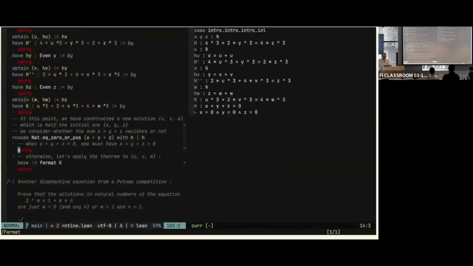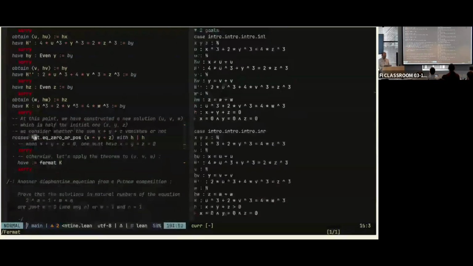So there are two cases. I had to decide how to do the descent. I have three numbers, and it's hard to say what the measure of the size of the three numbers is. I took the sum of the natural numbers. It worked perfectly. I was not sure it would, but it worked perfectly. So there are two cases according to whether x plus y plus z is 0 or strictly positive.